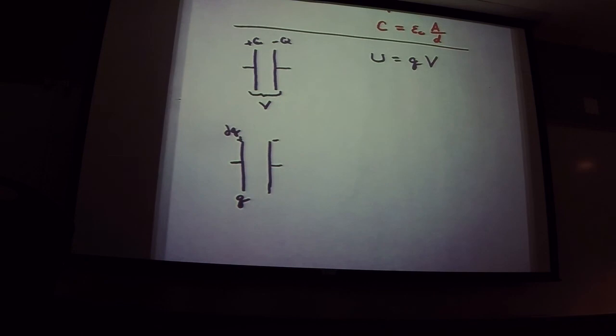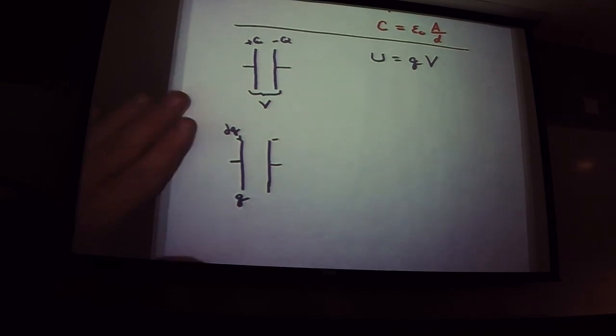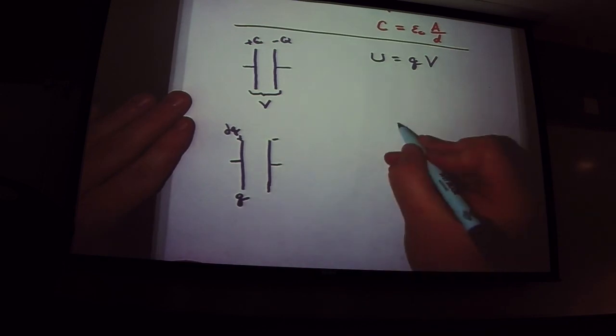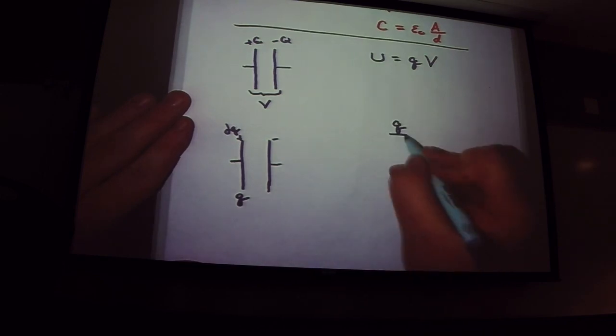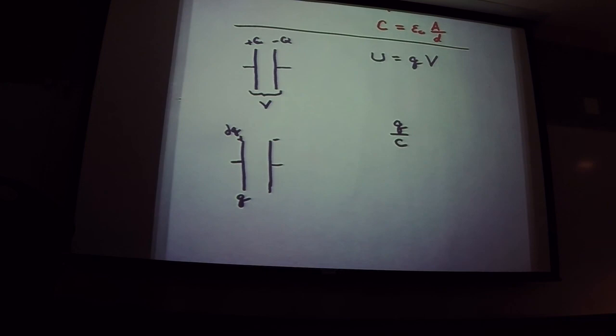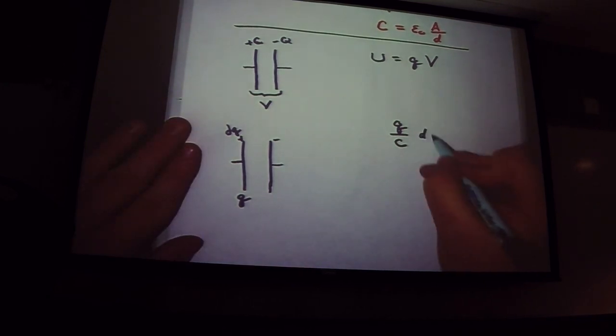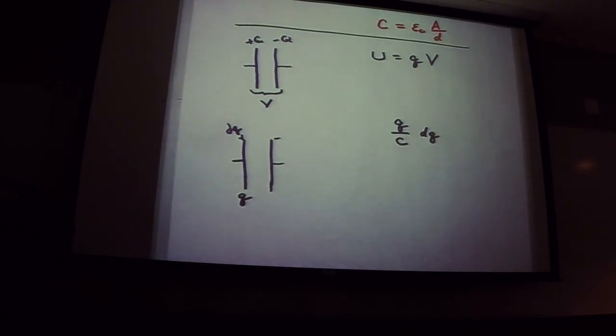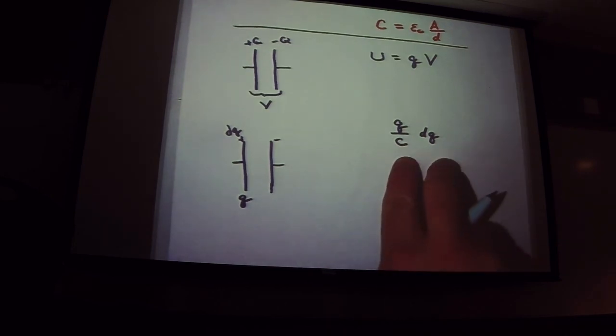So then the energy that I add is the voltage on the plates at that particular time, which is q over C, multiplied by my dq. So this is my energy to put each little charge dq on there.